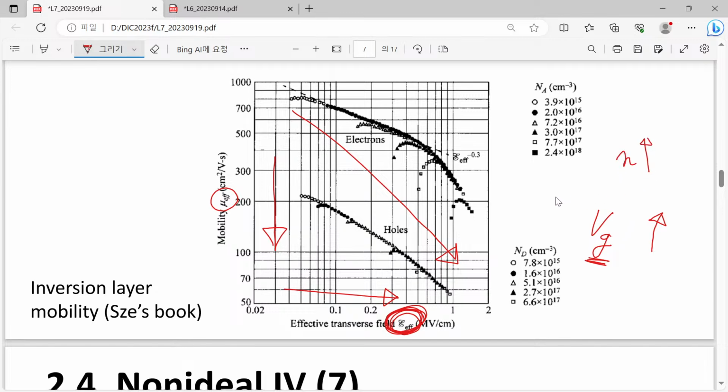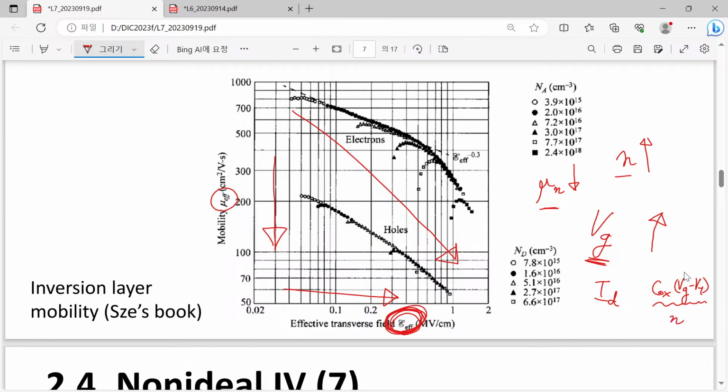That's good, but unfortunately your electron mobility goes down. Please note that both of them contribute to our drain current. In which way? We have COX times Vg minus Vt, which corresponds to our electron density.